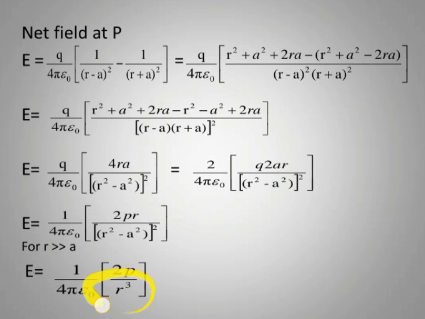How did you get r cube over here? I would just explain it to you. A square is not there, so r square the whole square becomes r to the power of 4. So here one r is there and r to the power of 4, so you cancel it out.